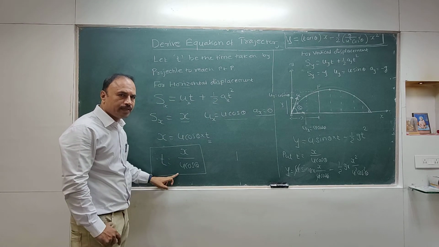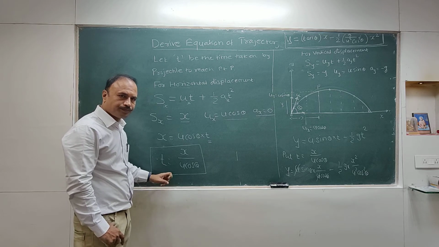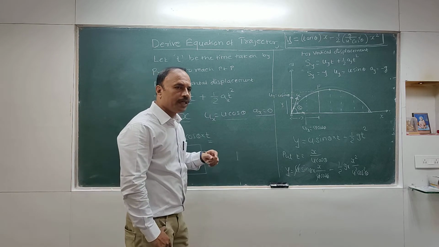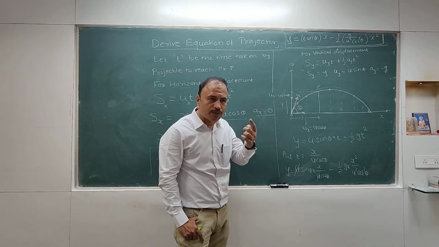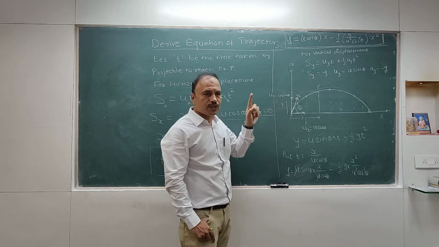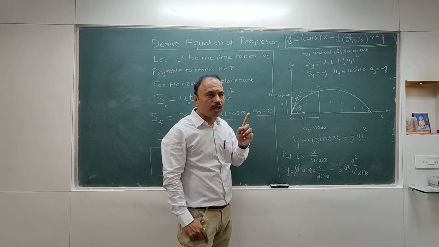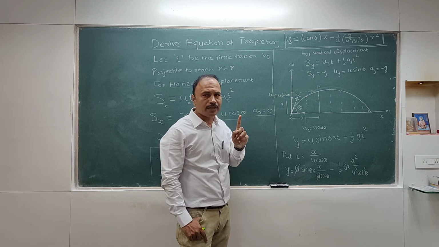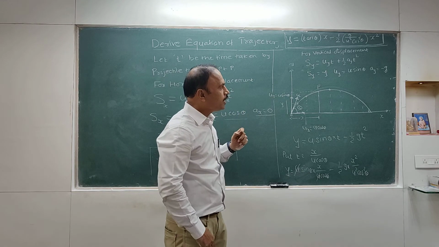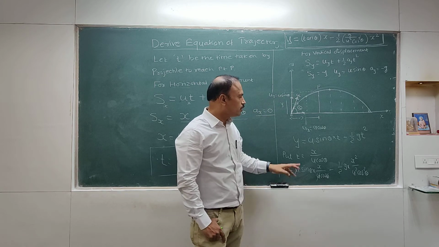We got the time x by u cos theta. Then we apply the second kinematical equation for vertical displacement. Sy will be y, uy will be u sin theta, and ay will be minus g. Is that clear?